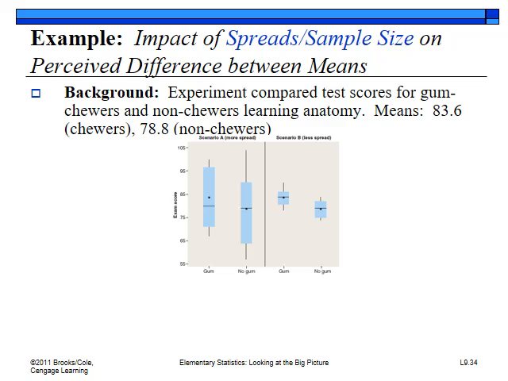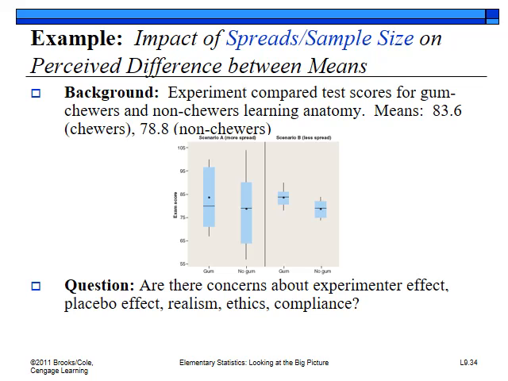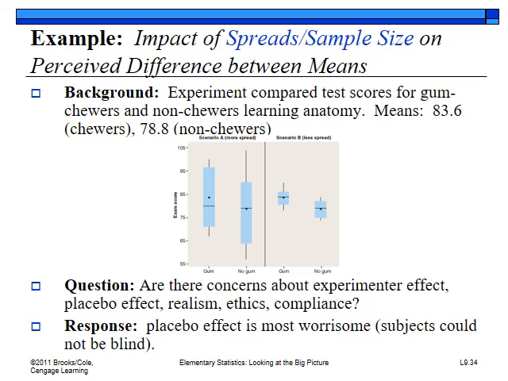So, in our situation, would you be concerned about the experimenter effect, the placebo effect, a problem with the realism, about ethical concerns? Do you have non-compliance concerns? The most worrisome thing here is the possibility of the results being skewed by the placebo effect.